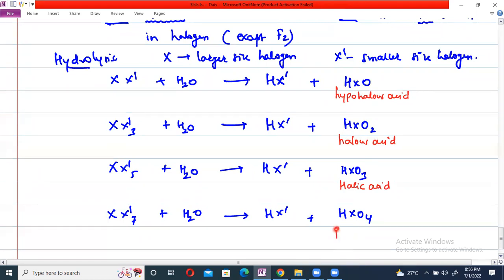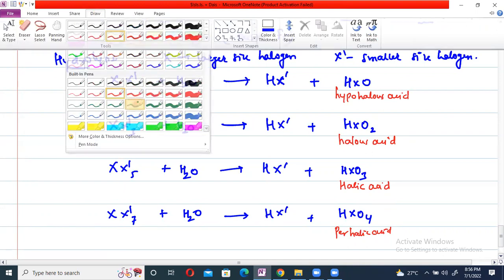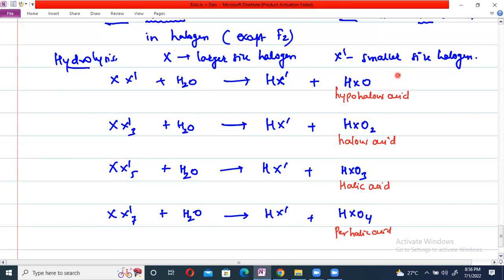HXO4 is called perhalic acid. But what is the salt formed by them? I'll explain it better. The salt formed by them is XO negative, which is called hypohalite ion.